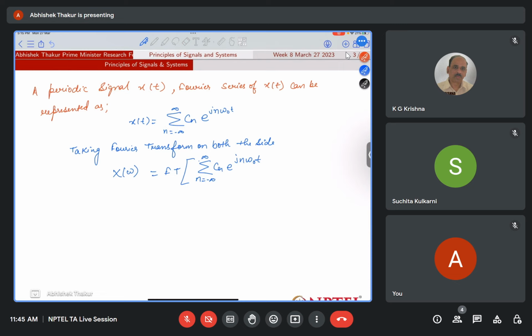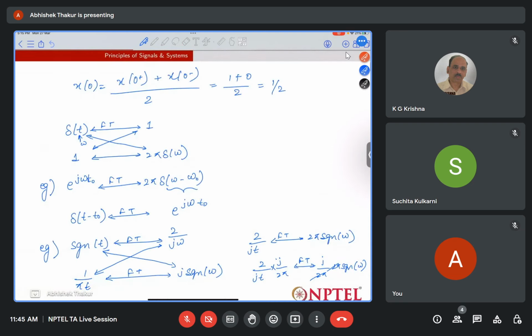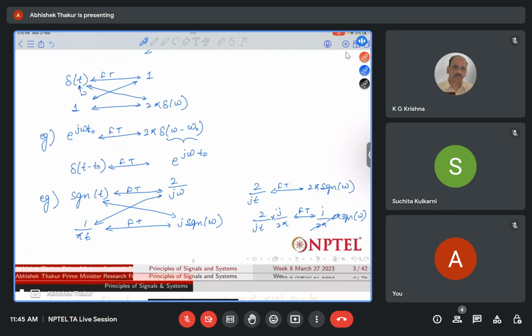So this will become the summation from n equal to minus infinity to infinity. Now Cn will come outside, and we have already seen that the Fourier transform of e to the power of j omega naught t is 2 pi del omega minus omega naught.